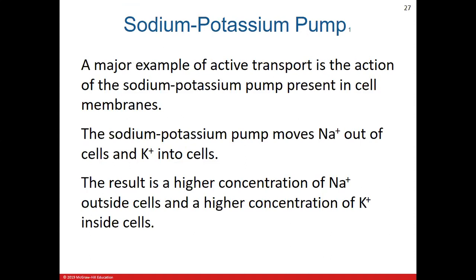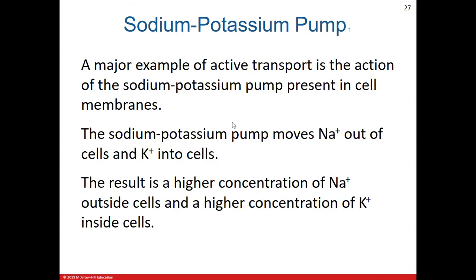A good example of an active transport model that you'll see many times in the body, in the cells, would be what's called the Sodium-Potassium Pump. We'll see this more when we get to the chapter on muscle physiology. But here, this is a good example of a Sodium-Potassium Pump.